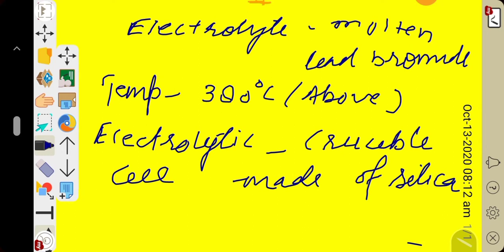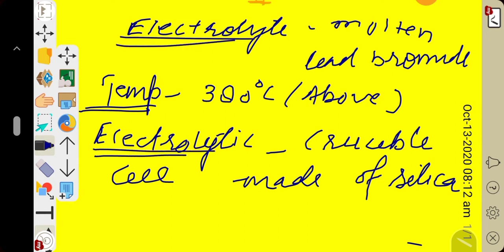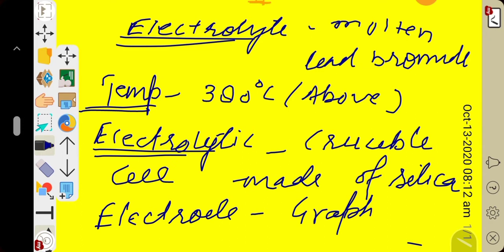Let us see what electrode we will use. The electrode will be a graphite rod. We will use a graphite rod as the electrode.